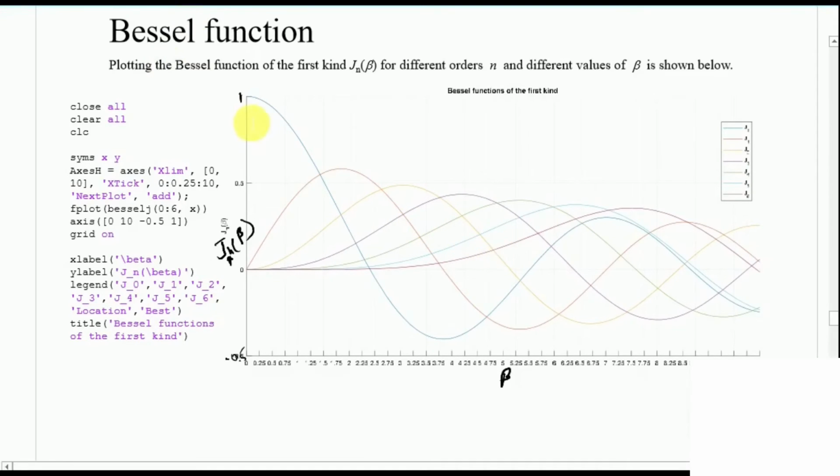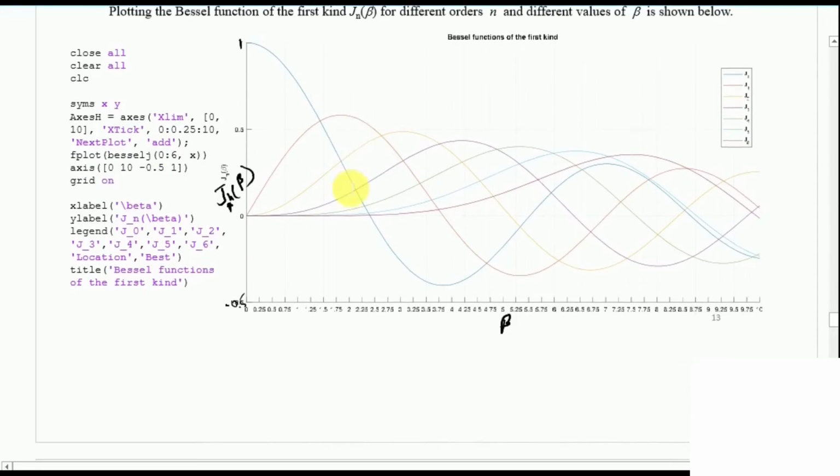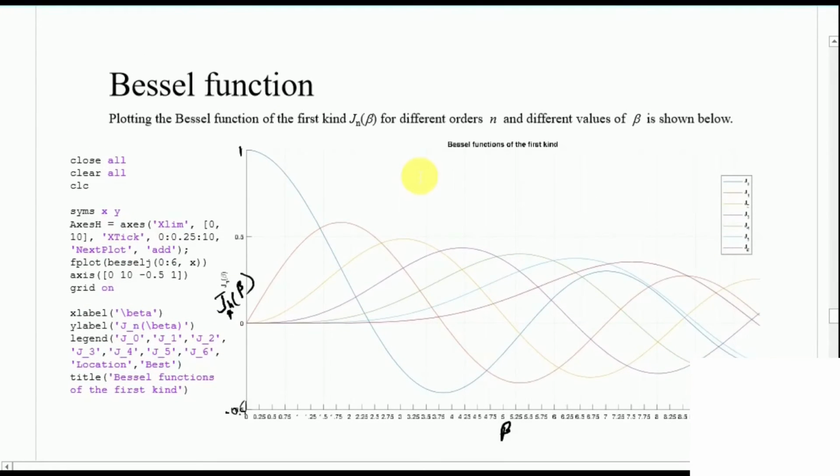These lines identify different orders of the Bessel function. The blue one represents the DC value, that is when n is equal to 0. The next represents when n is equal to 1, the fundamental harmonic, then the second harmonic, the third harmonic, and so on, right? So let us see how we can use this Bessel function.